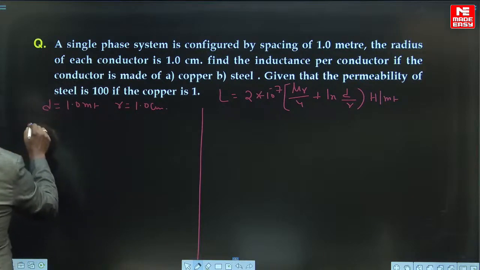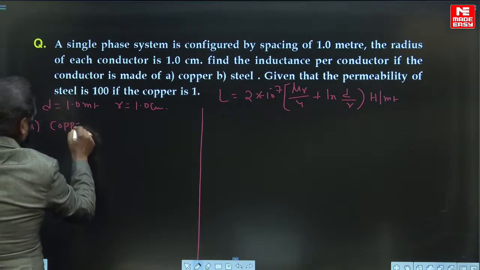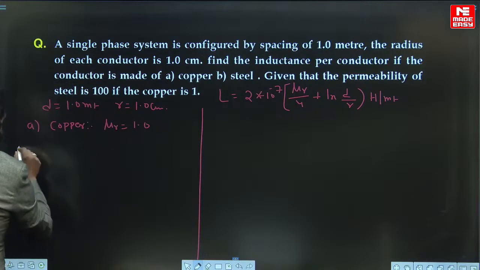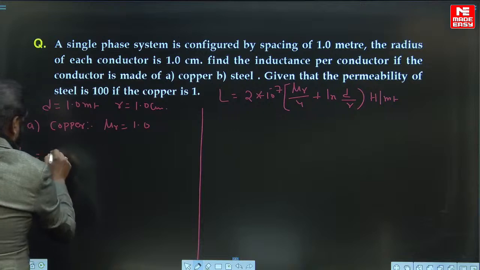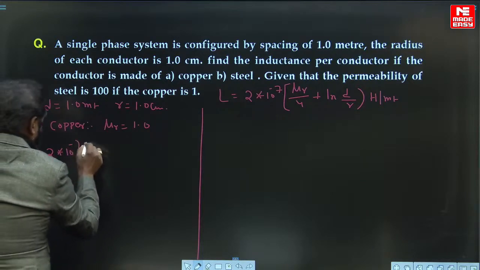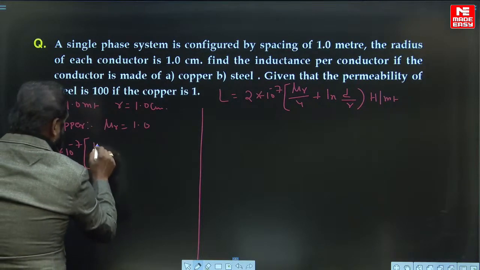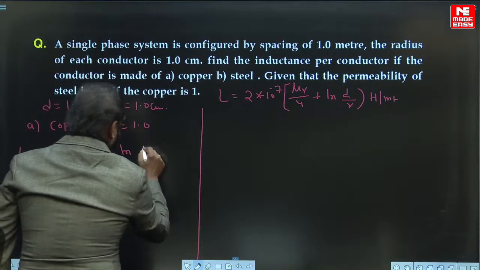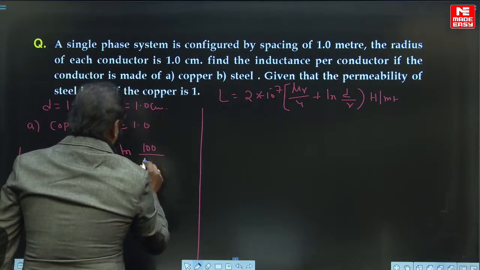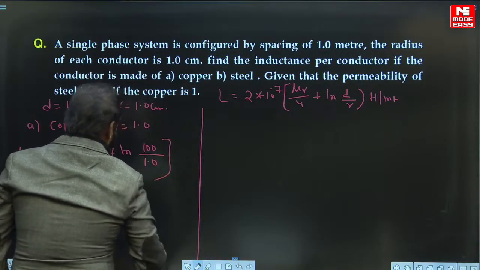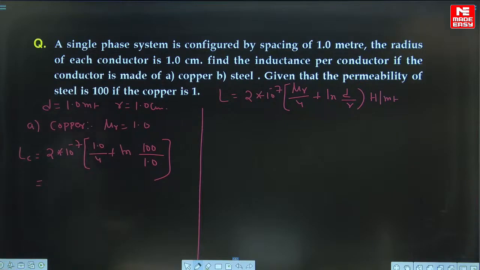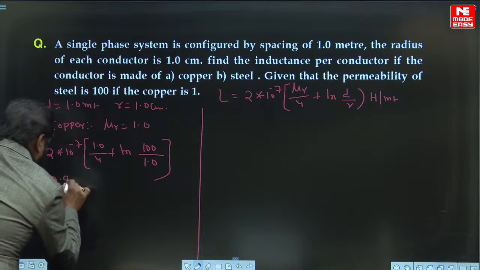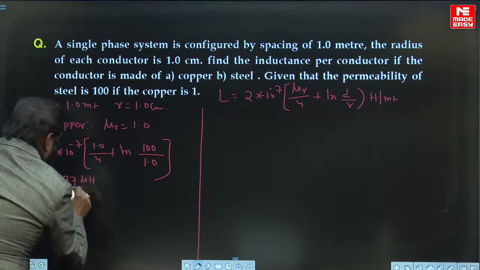First is copper, for which mu R equals 1. So L_C equals 2 into 10 to the power of minus 7, mu R by 4 plus ln of D by R, where D is 1 meter, that is 100, divided by R, which is 1. This amounts to 0.97 microhenries per meter.